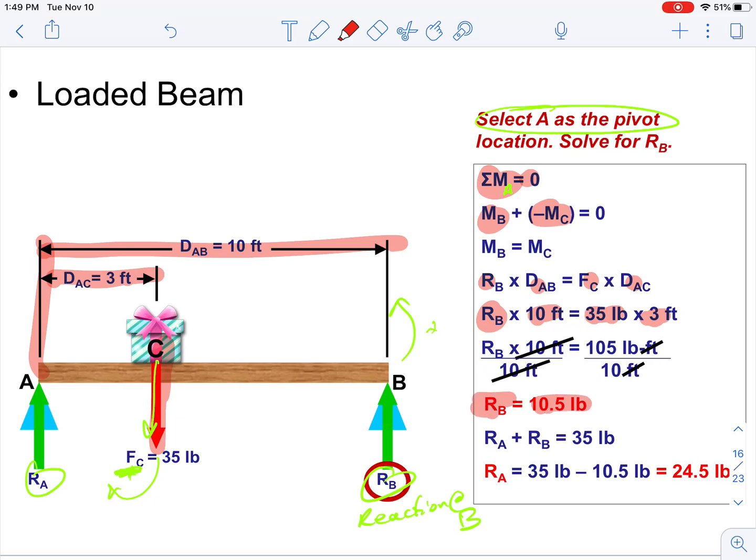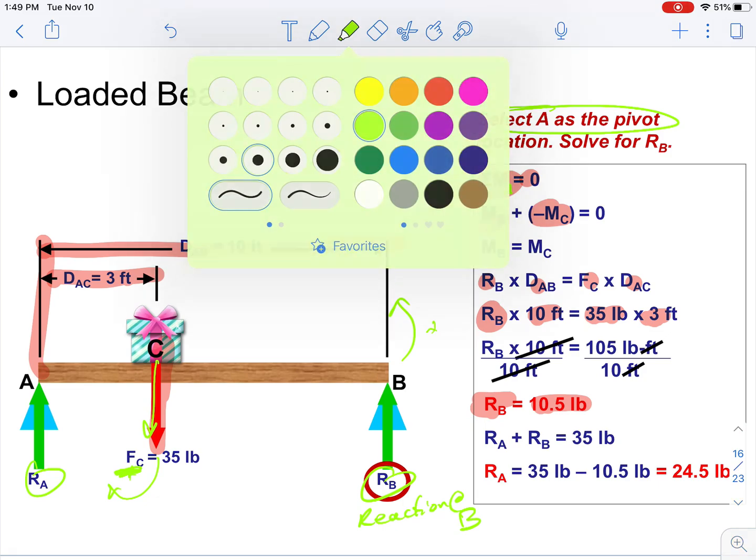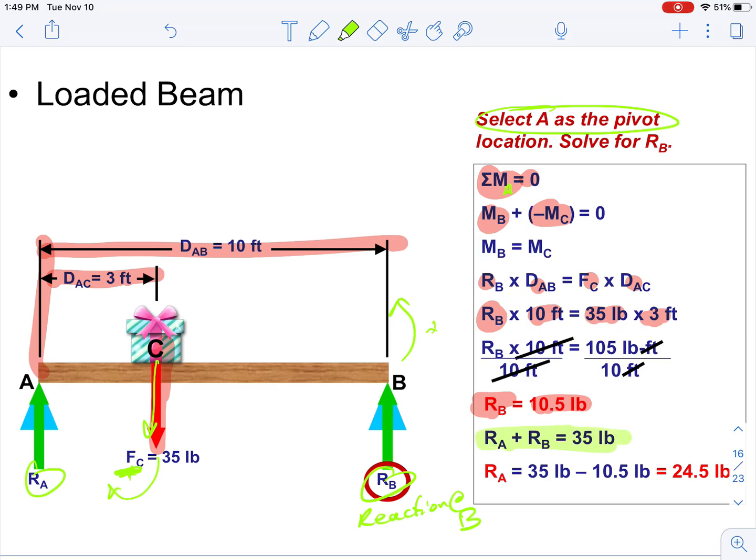And you think you're done, and that's great. But then what's cool is you also know, so this right here, this part down here, I'm going to highlight it in green instead. This part down here, okay, what's cool about this is we know that the beam isn't moving down.